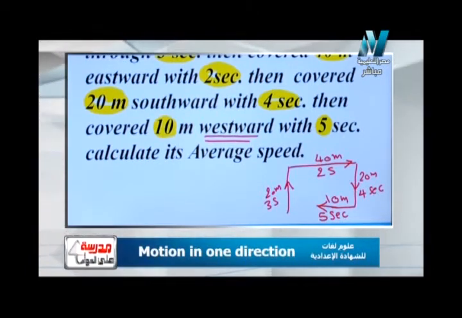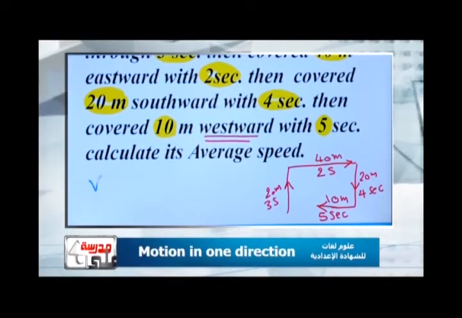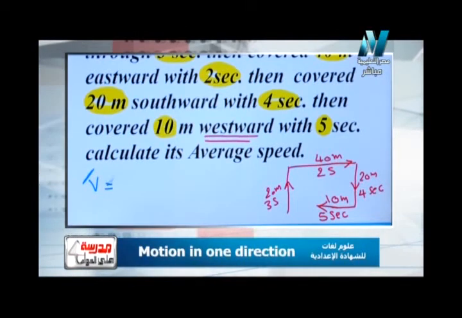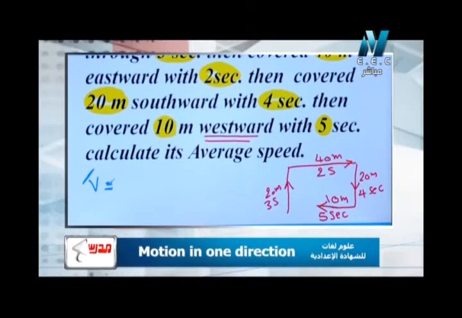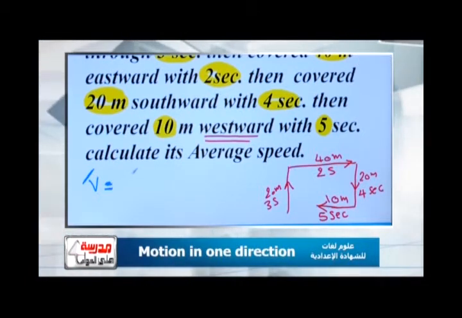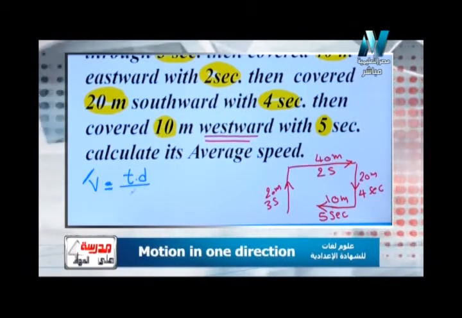As we know, average speed is equal to total distance covered over total time taken to cover this distance. طيب يبقى V dash as average speed. V only is speed. على فكرة ممكن نكتب S برضو speed. Okay. We have total distance covered over total time taken.